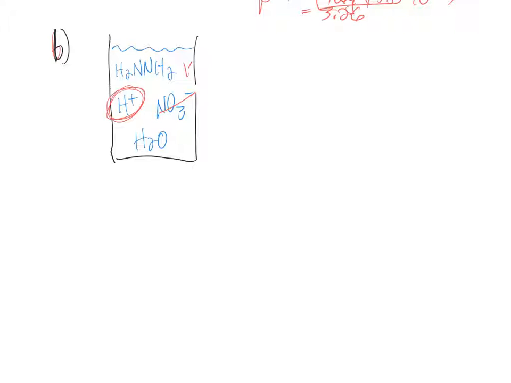We have a base whose K value they gave us is 3 times 10 to the negative 6, and we have water, which you can always think of as a potential acid or base, whose K value is 10 to the negative 14th. Between the two choices of bases, we have something whose K value is much bigger than water. That is going to be the base with which hydrogen reacts to completion.